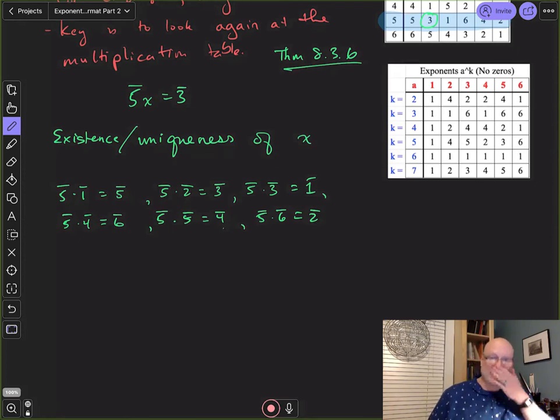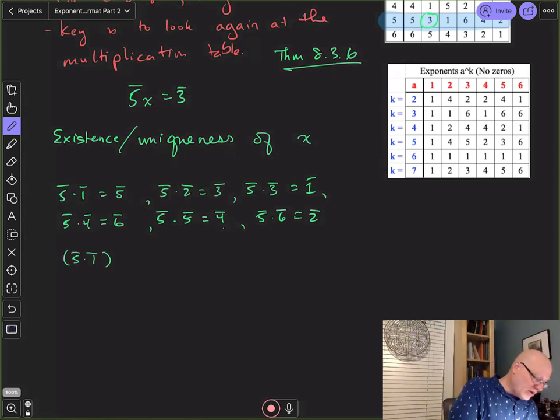And so what I'm going to do is multiply the left-hand sides of all of these equations together. So I get 5 bar times 1 bar times 5 bar times 2 bar, 5 bar times 3 bar, and 5 bar times 4 bar, 5 bar times 5 bar, and 5 bar times 6 bar.